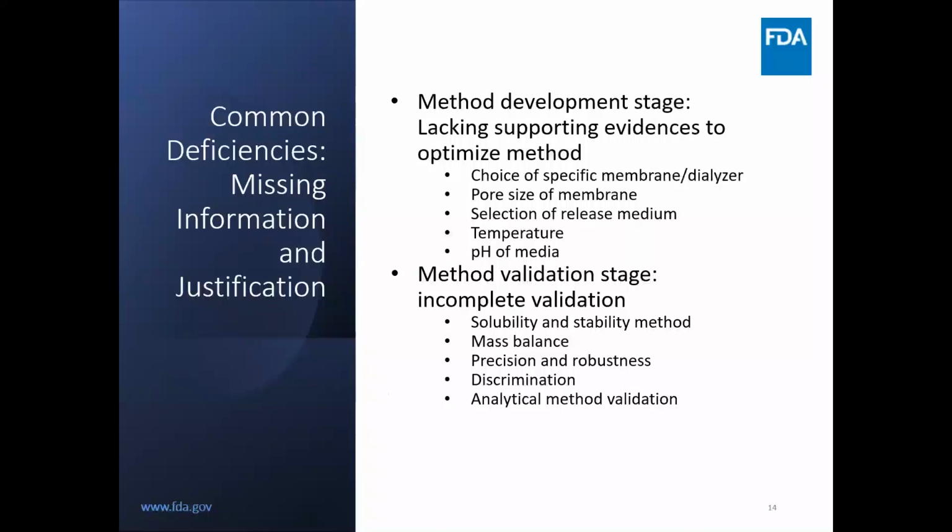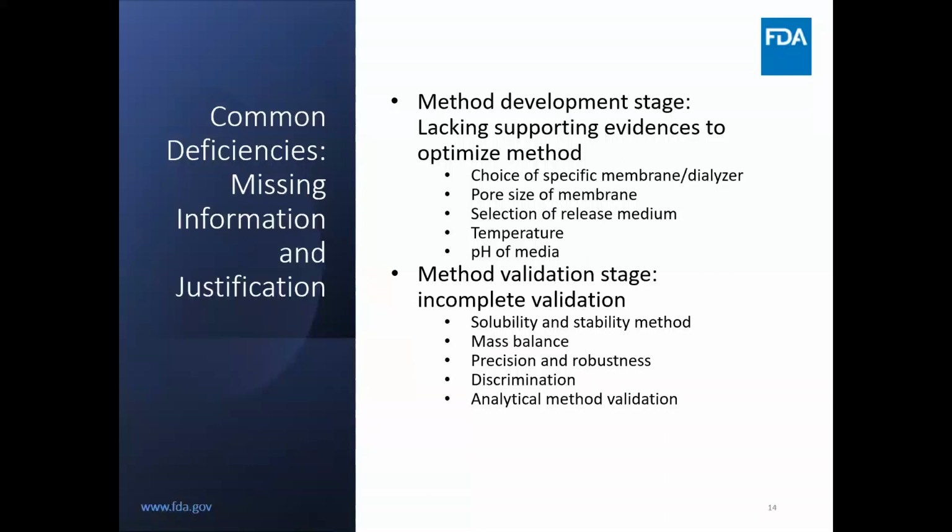The second is missing information and justification. Even though the full study report was submitted, we still see a lack of supporting evidence to optimize the method. We expect to see the optimization steps, how you select your parameters, such as your choice of the membrane or dialyzer, both sides of the membrane, selection of release medium, temperature or pH, and so on.